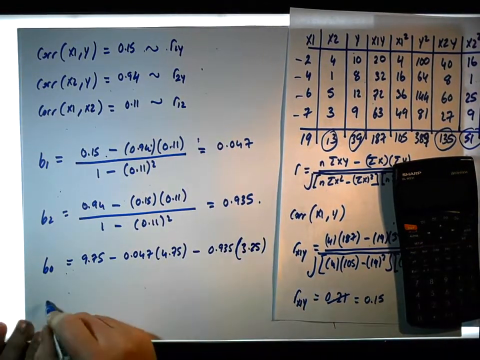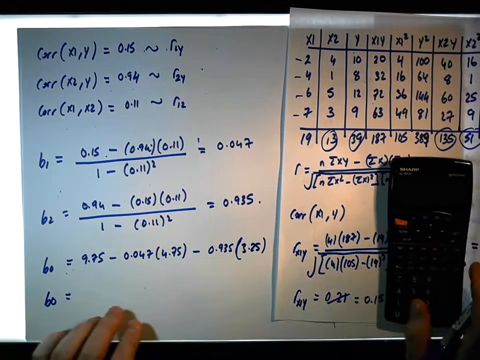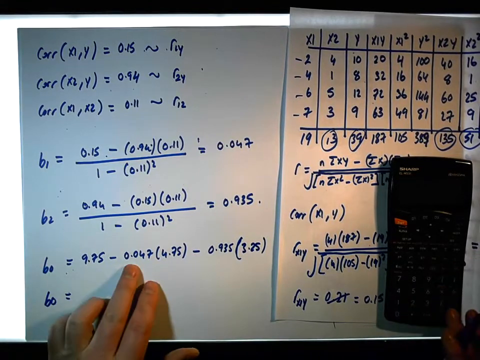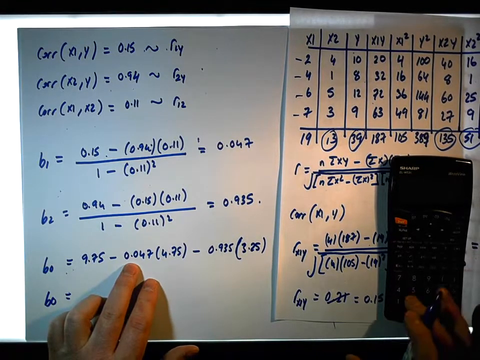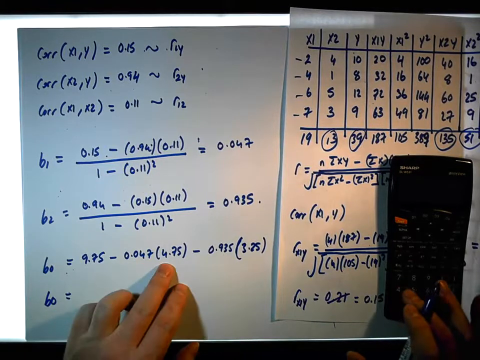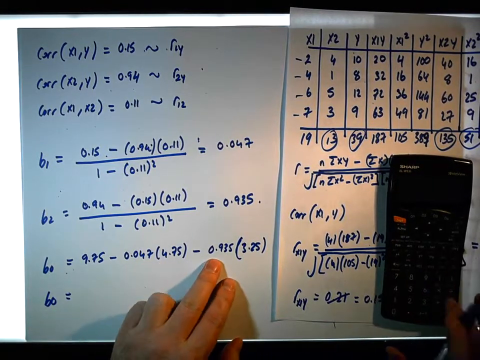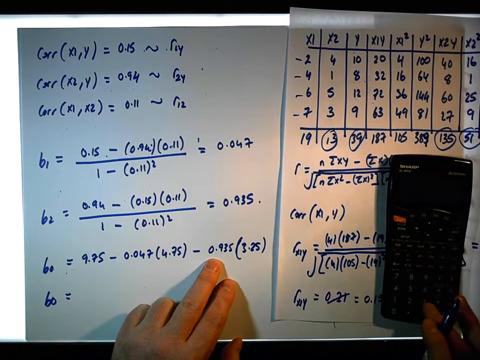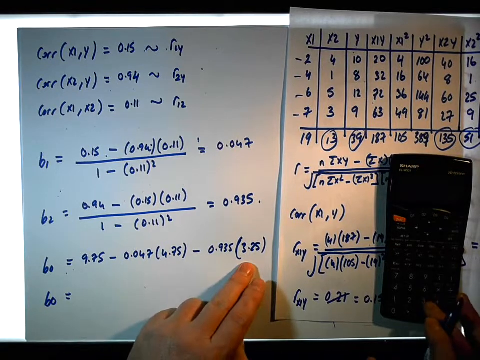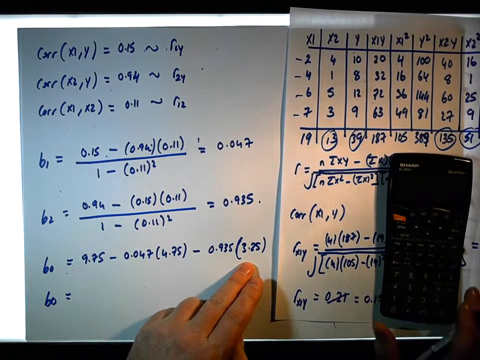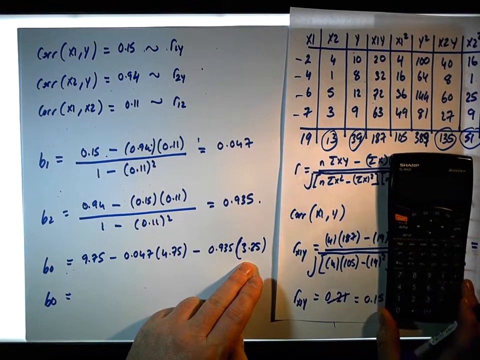Okay, so B0 is equal to 9.75 minus 0.047 times 4.75 minus 0.935 times 3.25, which gives us a value of 6.488.